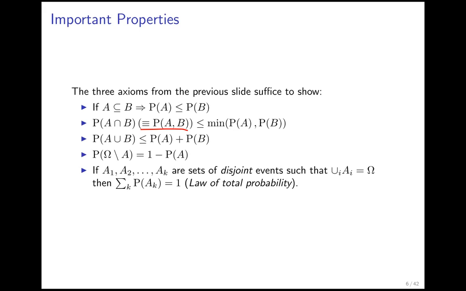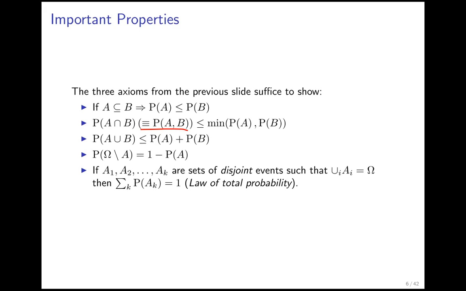Now if we intersect the two events, then we know that this intersection is contained both in A and in B. And consequently, the probability of this intersection can be at most as high as the minimum of the probabilities of A and B, because it has to be contained in the smaller set, and from the first property that we proved, we can derive that this statement must be true.